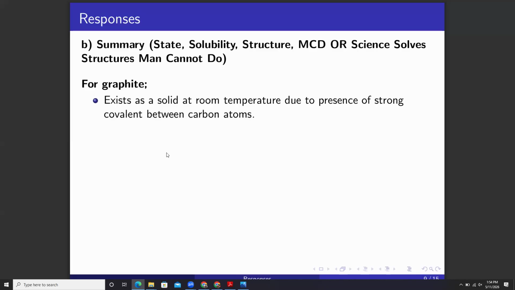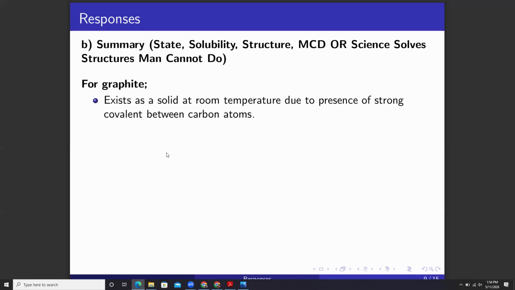If it is diamond, you still say that it exists as a solid at room temperature due to presence of strong covalent bonds between carbon atoms. If it is sand, which is silicon dioxide, you say that it exists as a solid at room temperature due to presence of strong covalent bonds between silicon and oxygen atoms. As simple as that.